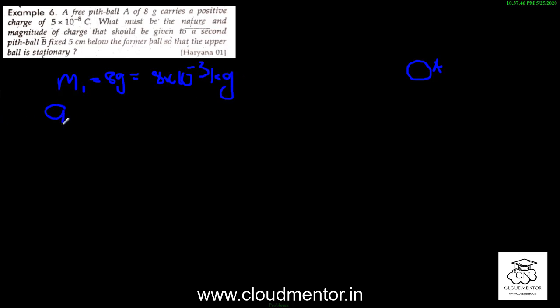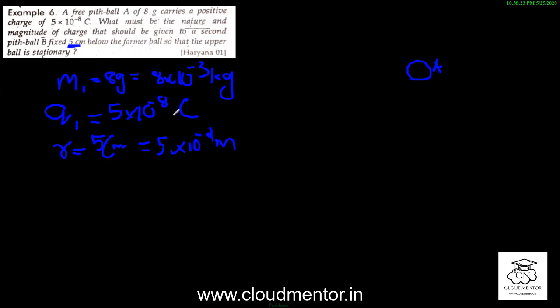The charge of that pith ball, Q1, is 5 × 10^-8 Coulomb. Also the distance between the pith balls is given, r = 5 centimeter, or otherwise 5 × 10^-2 meter.